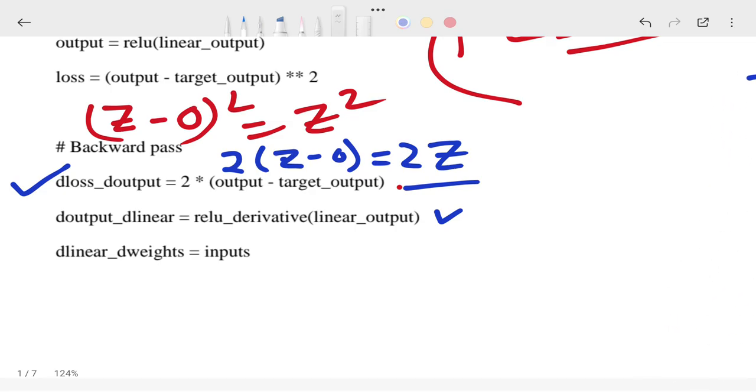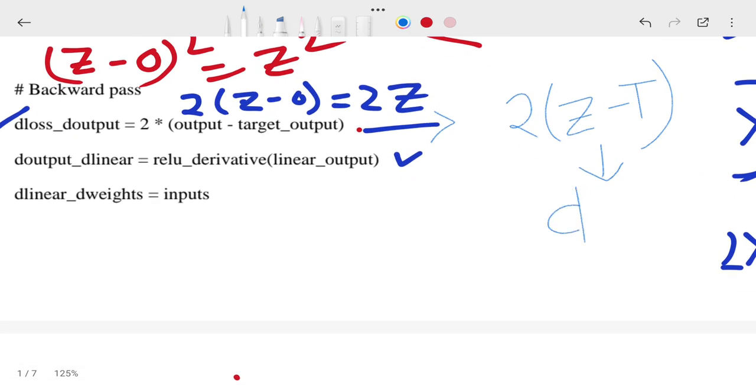Okay, so what we explain, this is 2z minus t, done. Okay, what is this? This is actually dL upon dr. This is the meaning of this.